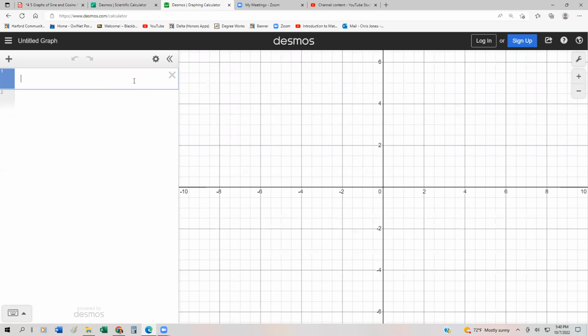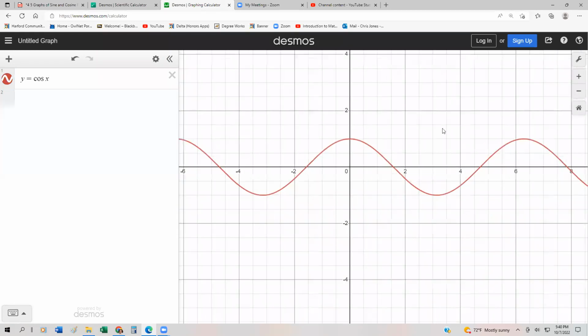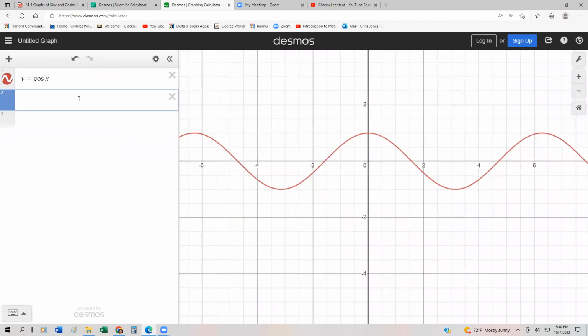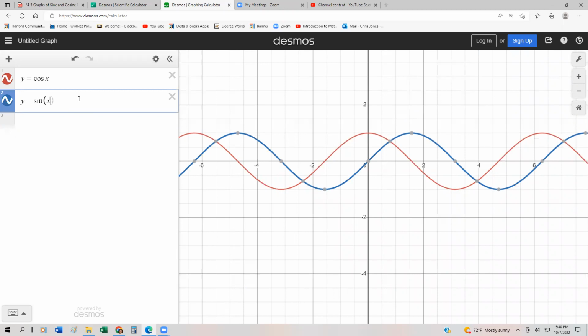Let's say I had y equals the cosine of x, and that's our function. And let me plot the sine function, y equals sine x. But what if I was to say that this would be x minus pi over 2? Remember, this is the blue line.